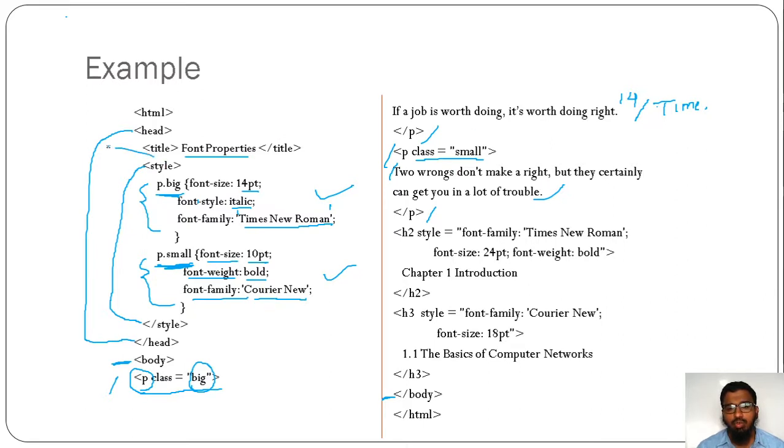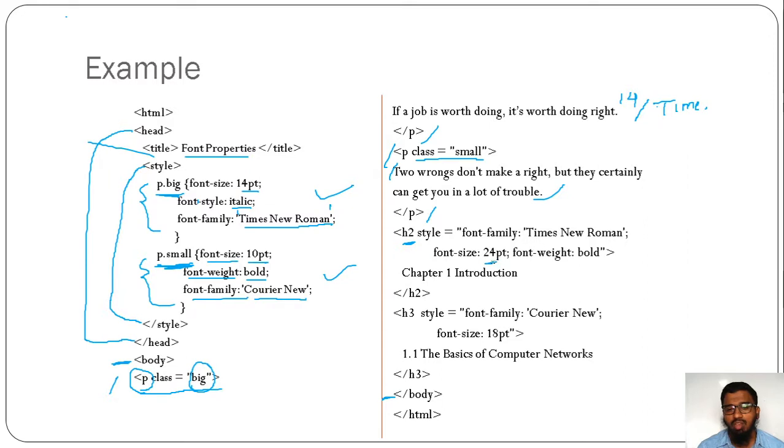Next, H2. As you know, H2 is a heading tag. In the heading tag, by default, it will take some size. So style equals font-family: I am giving Times New Roman, semicolon, font-size colon 24pt.